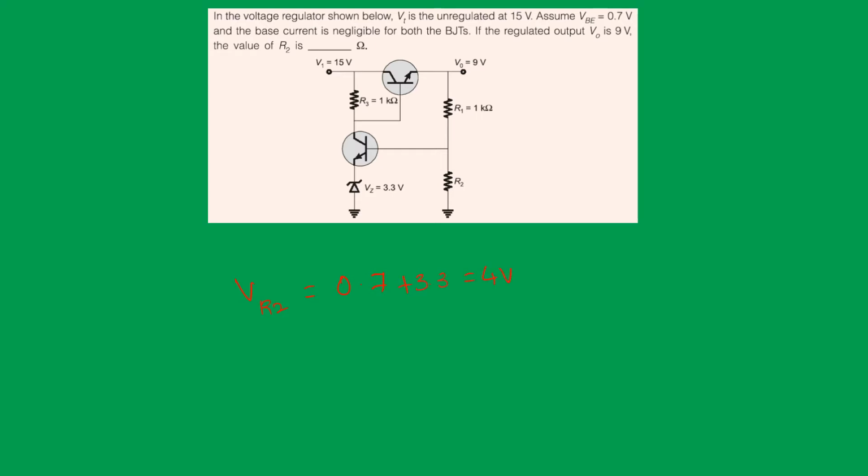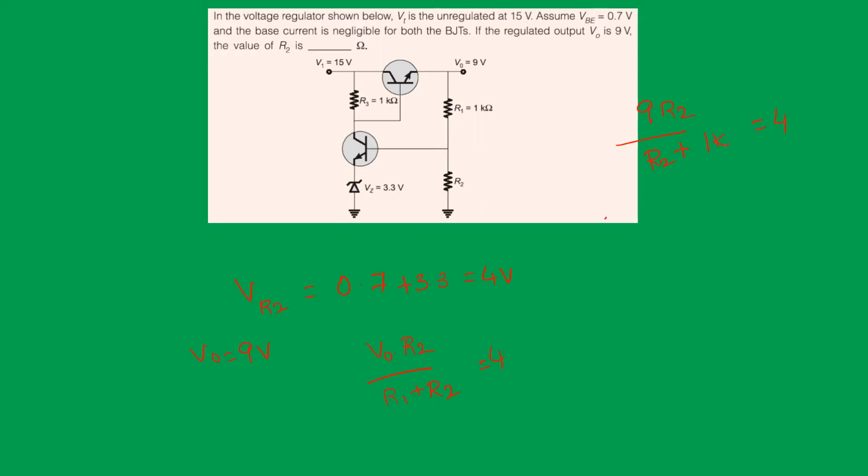We have the total voltage V0, given as 9 volt. When we apply the voltage divider rule here, V0 into R2 divided by R1 plus R2 equals 4. That is 9 R2 divided by R2 plus R1, and we already know R1 is 1K, which equals 4.